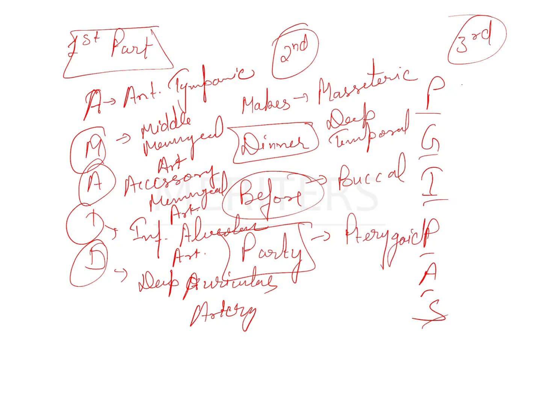Same way, the third part we have to remember. P here stands for the posterior superior alveolar branch or artery. Then we have the greater palatine artery. I here stands for the infraorbital.